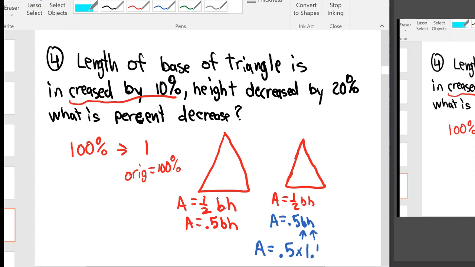So that's 1.1, because it's 110% now. Base times, well, the height was decreased by 20%. If it's decreased by 20%, I have 100% of the value, and I decrease it by 20%. That's going to be 0.8 height.